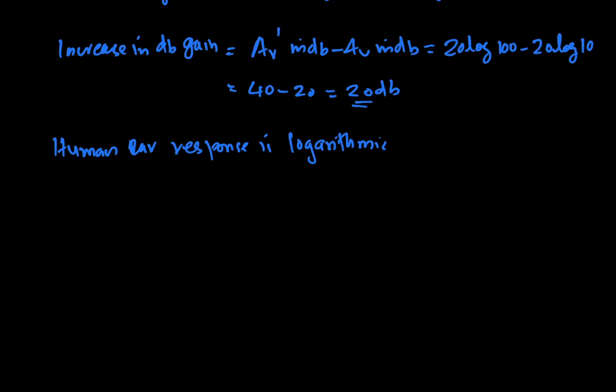So that is one of the important things for which we are expressing the gain of the transistor amplifier in terms of the decibel. The first one is that the human ear response is logarithmic.